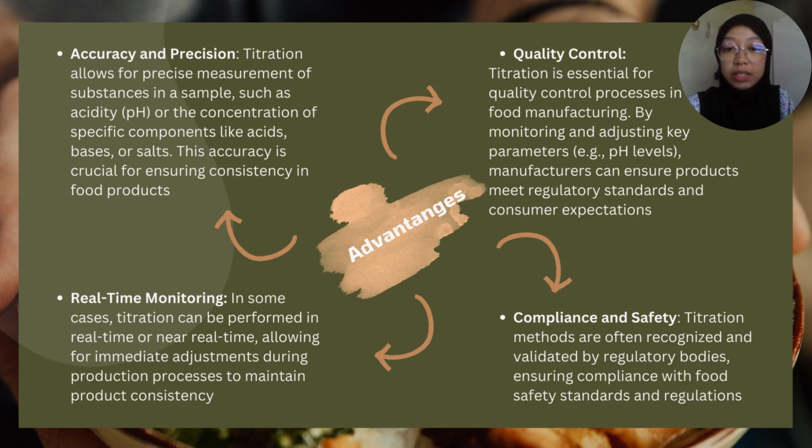In some cases, titration can be performed in real time or near real time, allowing for immediate adjustments during production processes to maintain product consistency. And lastly, compliance and safety. Titration methods are often recognized and validated by regulatory bodies, ensuring compliance with food safety and standard regulations.